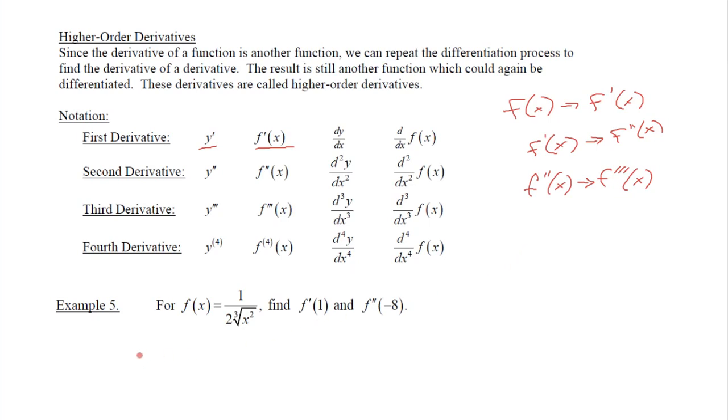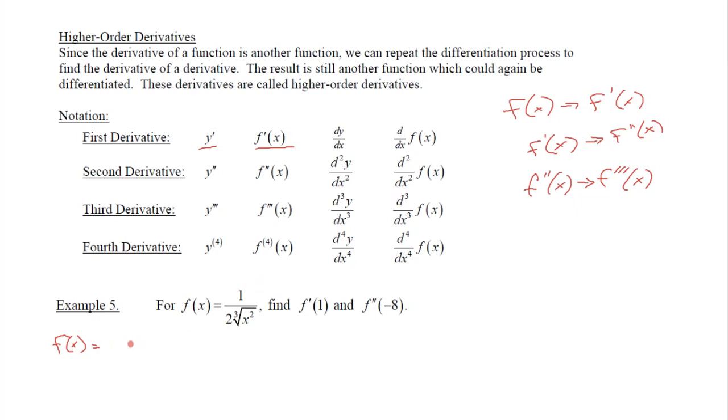So let's take a look at an example here. In this case, we've got a function f of x is equal to 1 over 2 times the cube root of x squared. Well, that's a pretty cool function. It looks pretty nice and ugly, maybe. But let's make this look a little bit nicer. Remember, one of the first things we want to do in order to use the power rule is we've got to put it into a power form.